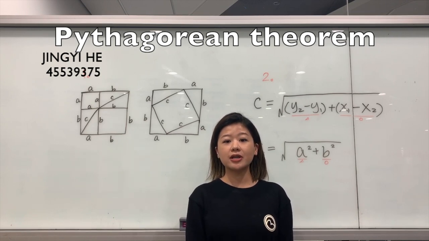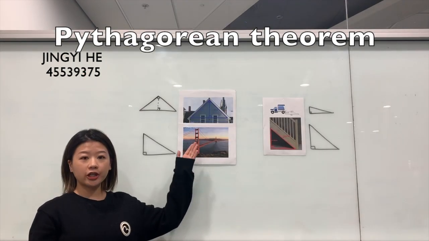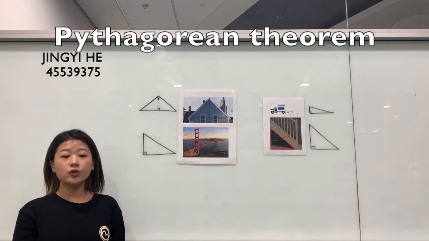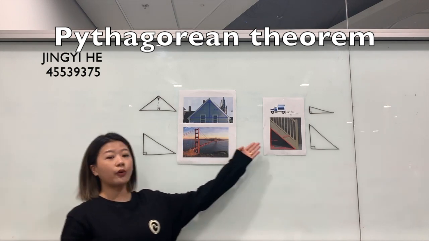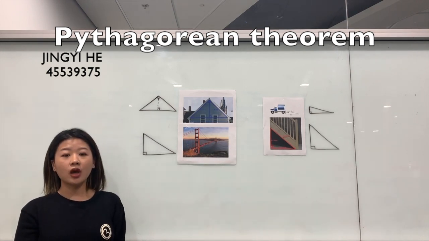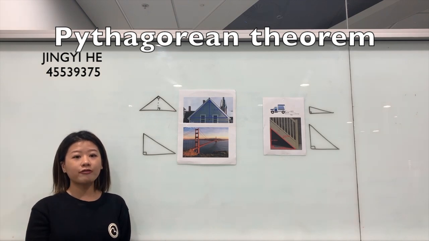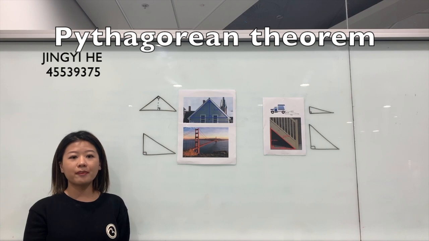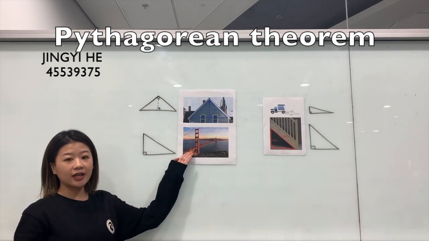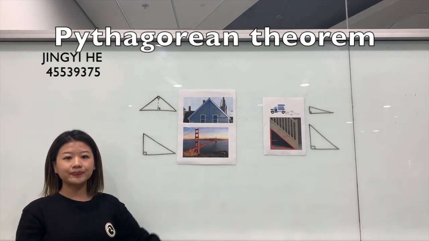Now we will discuss the analysis of the Pythagorean theorem in real-life concrete applications. The pictures here show how the Pythagorean theorem is used in architecture and our daily life as well. Of particular note, the Pythagorean theorem only applies to right angle triangles formed with the horizon, which is this straight line on the base.